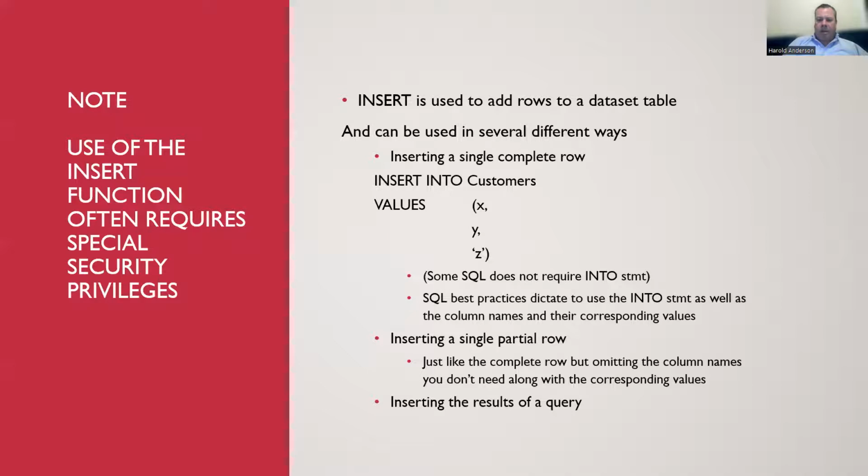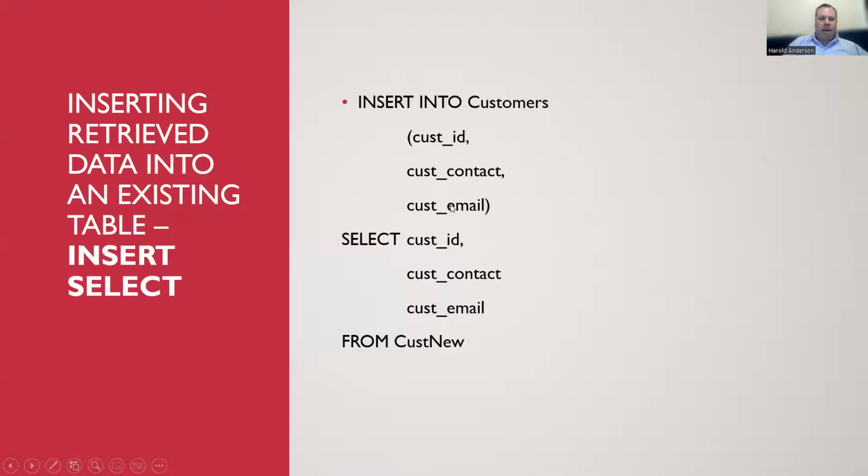And then the last part of chapter 15 is the results of a query. Before we get to that, it does mention inserting retrieved data into an existing table. This is the result of a query.